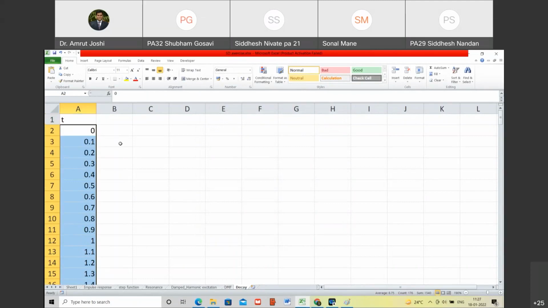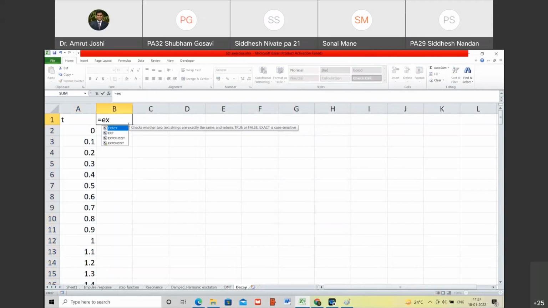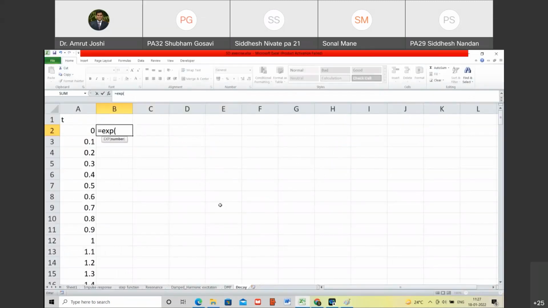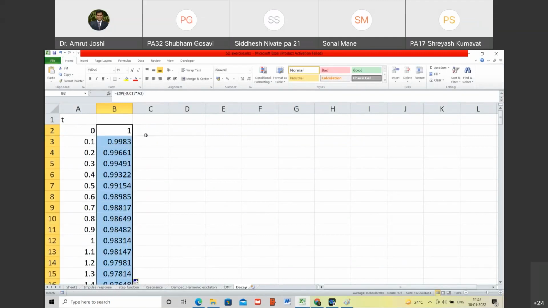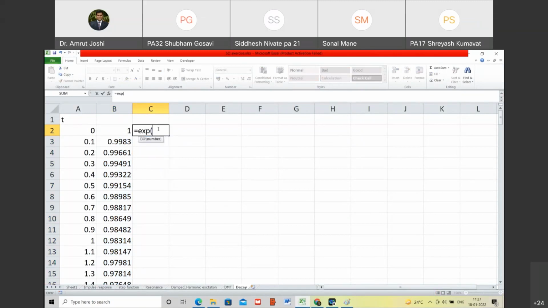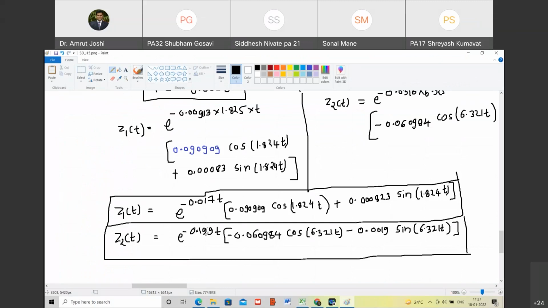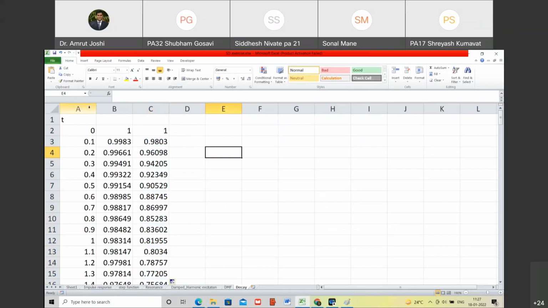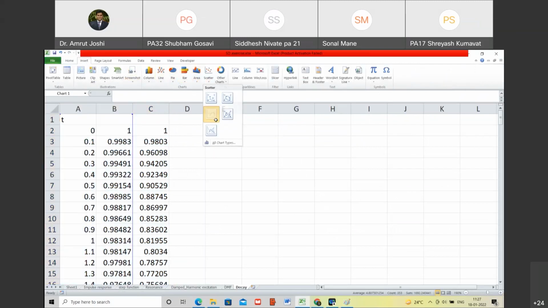Now I am going to plot exponential minus 0.017 times t, where t is column A, and next to that exponential minus 0.199 into t. Let us plot this on the same graph.